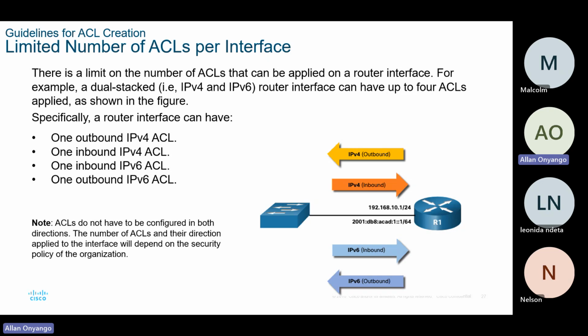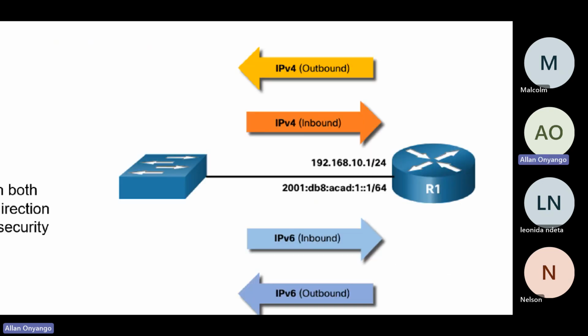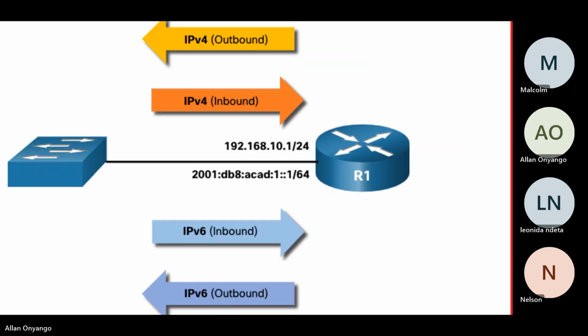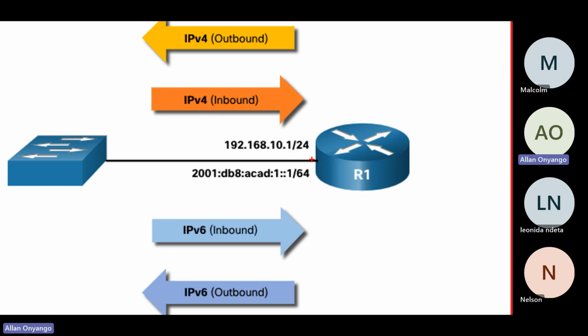As you can see here on my diagram, we have this interface, let's say interface GigabitEthernet 0/0/0. This interface has been configured with an IPv4 address 192.168.10.1/24 and an IPv6 address 2001:db8:acad:1::1/64.